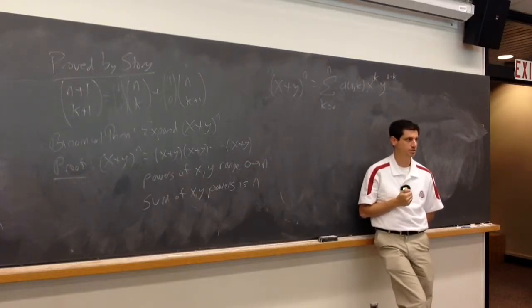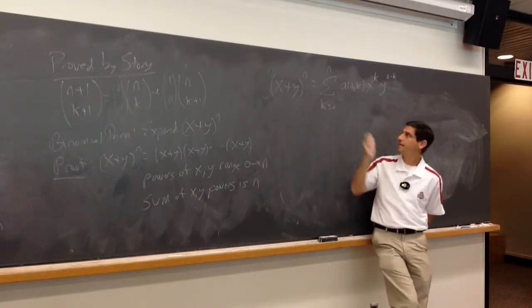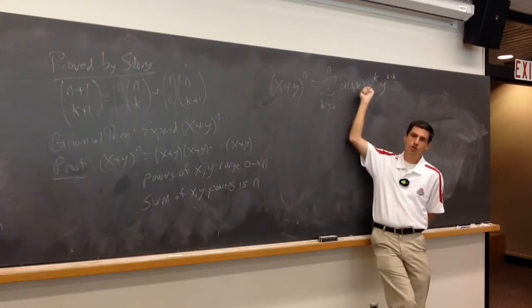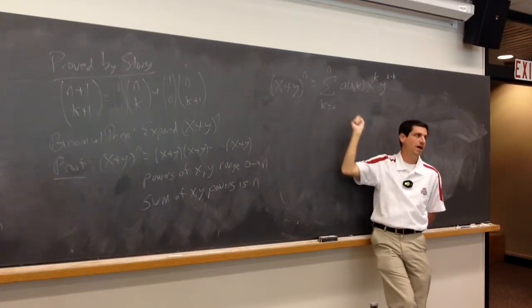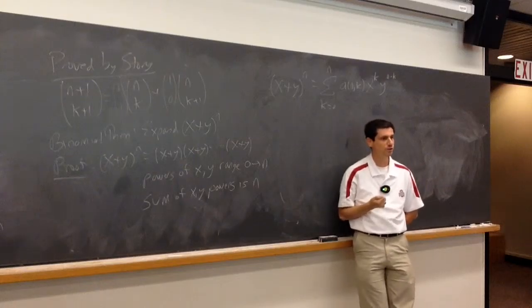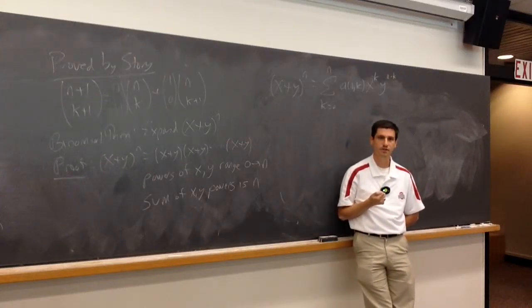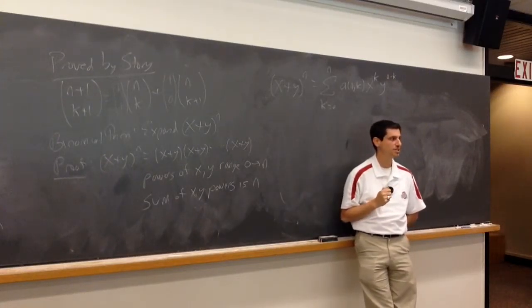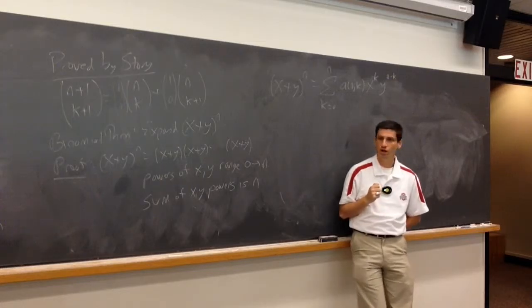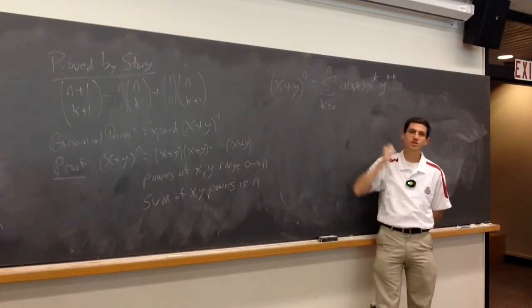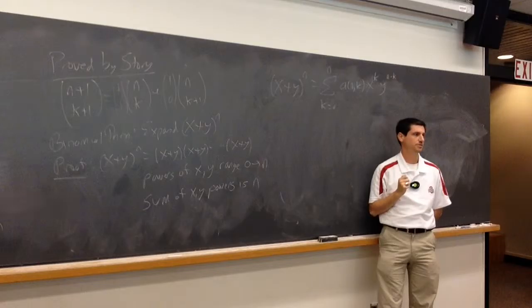It's got to look like this. I can't have a power of x greater than n or less than 0, and the sum of the power of x and the power of y has to be n. So my polynomial has to look like this when I expand. Now I just need to figure out what the coefficient a_k is.